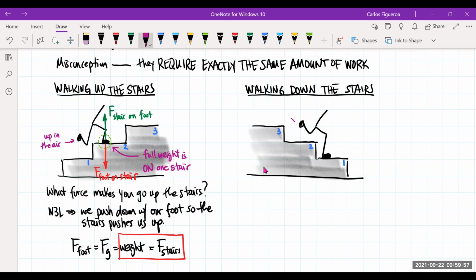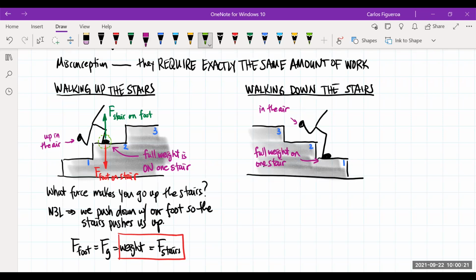So again, this is in the air, and this guy right here has the full weight on one stair.